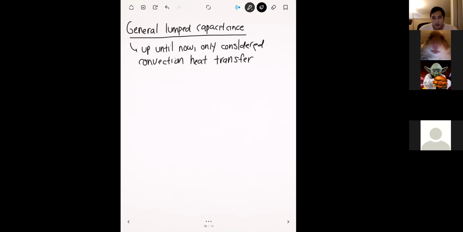But in reality, in a more general situation, you have lots of other ways an object can gain or lose heat. Just to name a few, in one case, we can have a prescribed heat flux.